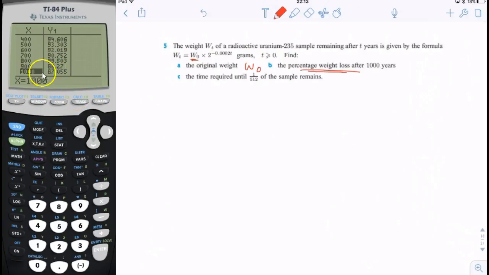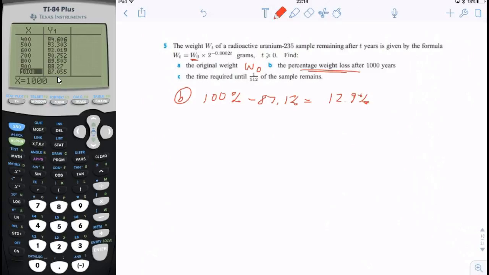I started with 100, and now I have 87.055. So the weight loss is going to be 100% minus the remaining, which is 87.1%. So the loss is going to be 12.9%.